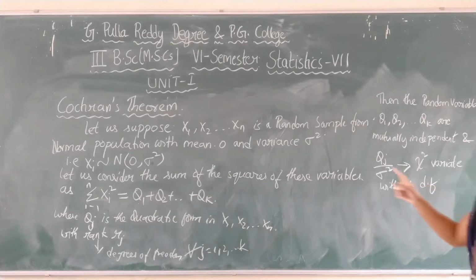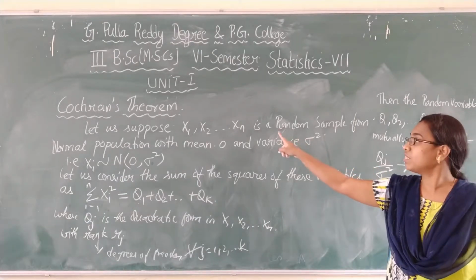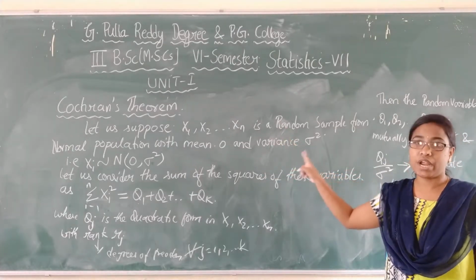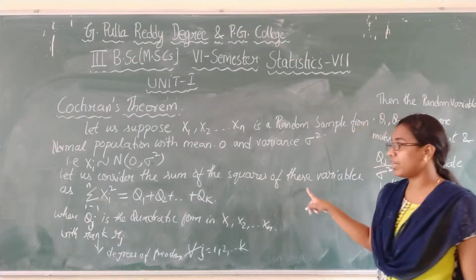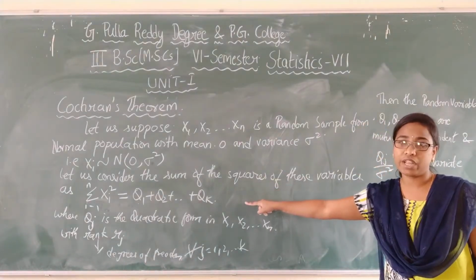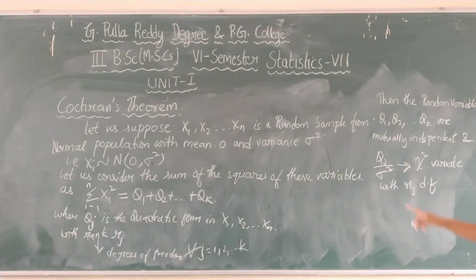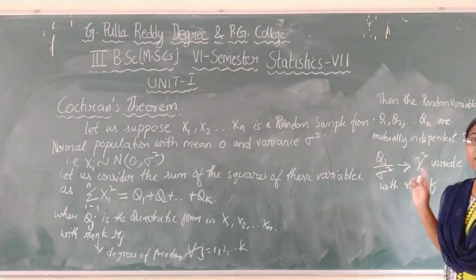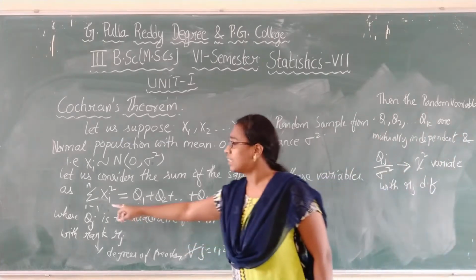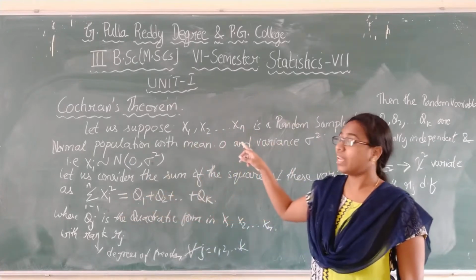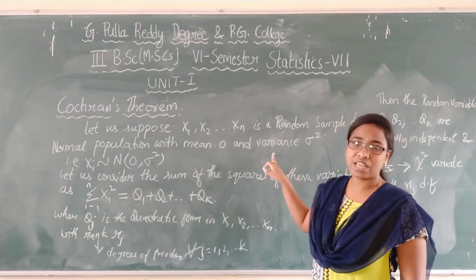So whenever we consider the random sample with mean 0 and variance sigma square, the sum of the squares of these random variables we have written in the form of quadratic forms. If any one of the quadratic forms is divided by its variance sigma square, then that is nothing but a chi-square variate. We know generally what a chi-square variate is: it is the square of the standard normal variate. Here also we are considering the squares of the normal variates with mean 0 and variance sigma square.